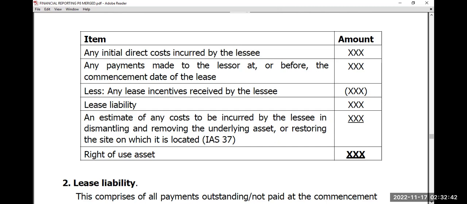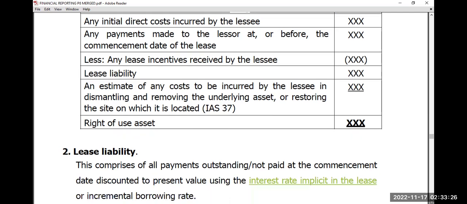If there are those costs that we estimate we are going to incur in the future to organize the land how we found it, then we shall also incorporate them within the cost of the right we have acquired. And when you sum up all those, excluding the incentives, then you will get the right of use asset. That's basically at the initial recognition. That's what the lessee accounts for.